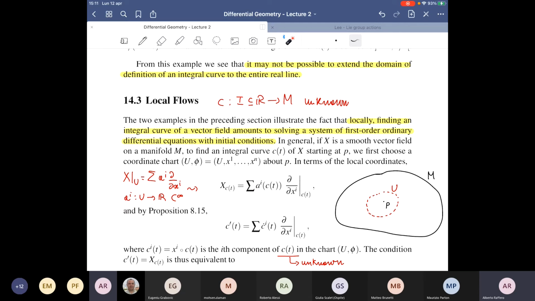Recall that these a_i are our functions defined on U. So you will go from some interval here with C, obtain some curve, and then with this, applying these a_i that are functions defined here, you will get some real number. So these a_i of C of t will be functions defined on some open interval of the real line and taking their values in the real line.